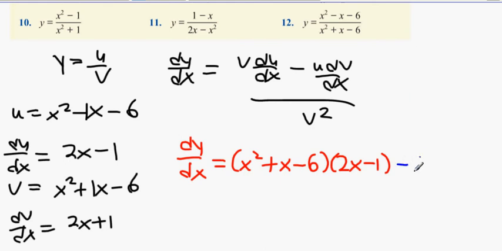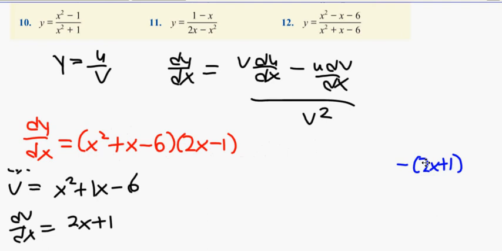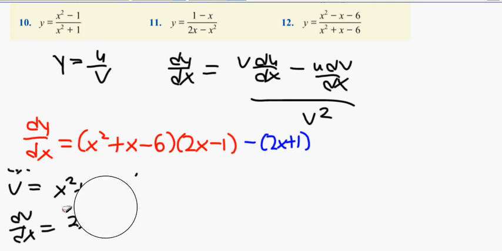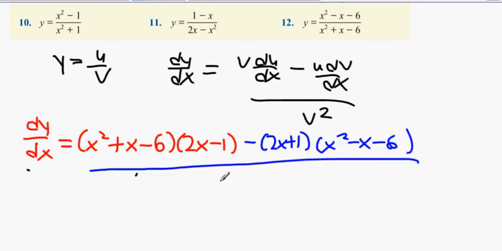So it's going to be minus bracket 2x plus 1, and I'm going to need a lot more space. dv/dx is 2x plus 1, times whatever u is. u is going to be x squared minus x minus 6. This is all being divided by phi squared, which is x squared plus x minus 6.